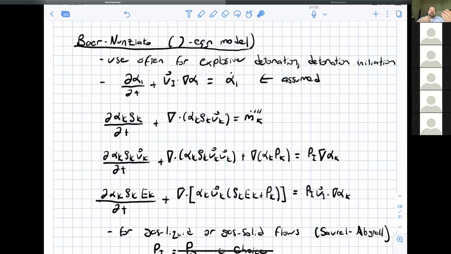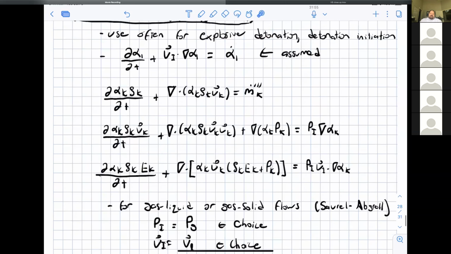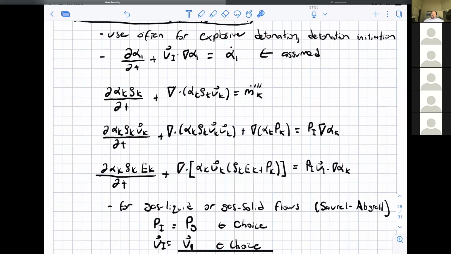If you want to understand how the explosive can be ignited and transition to a detonation, understanding the interaction of all of those features plays a pretty huge role in basically everything. And so the Baer-Nunziato model was basically developed for that.